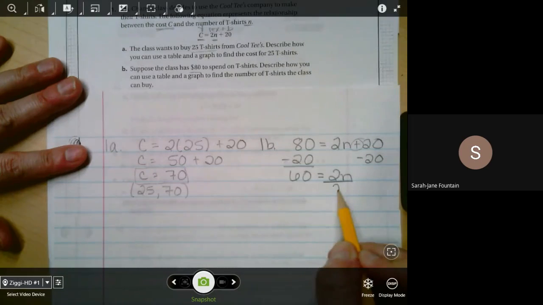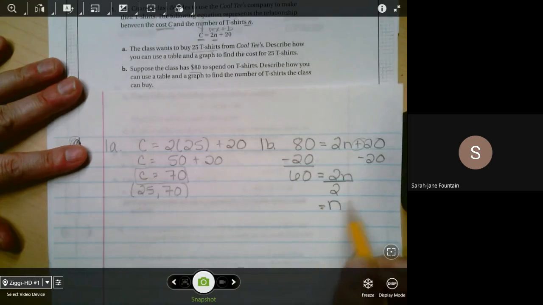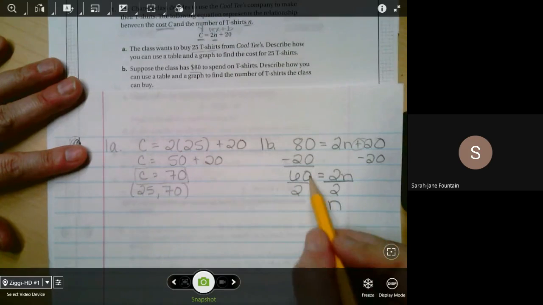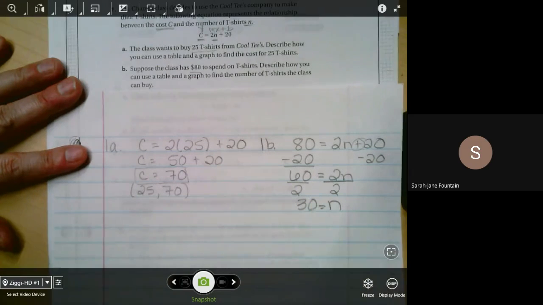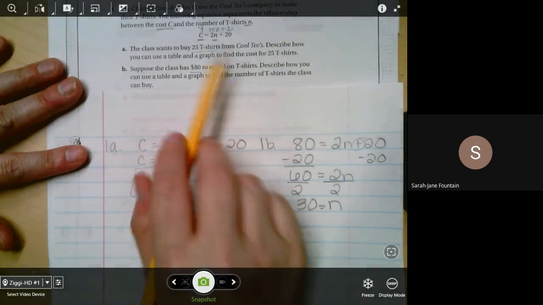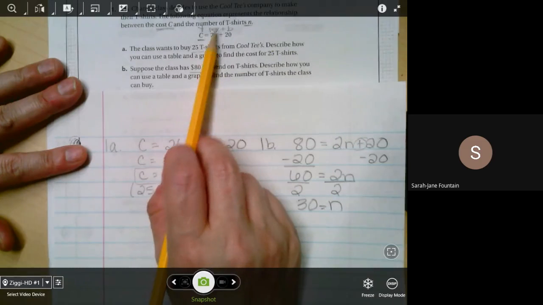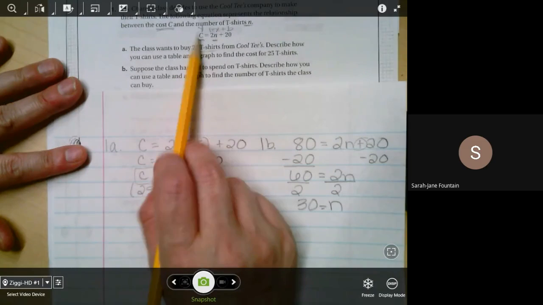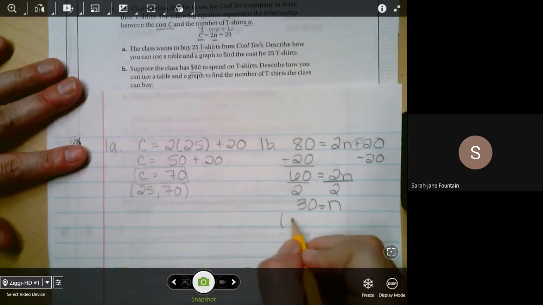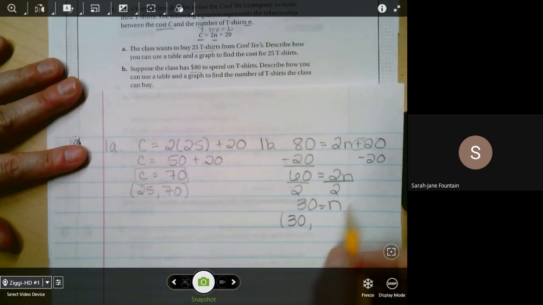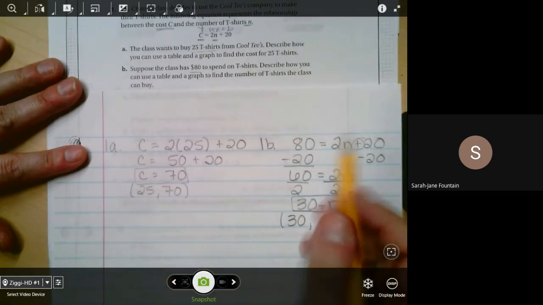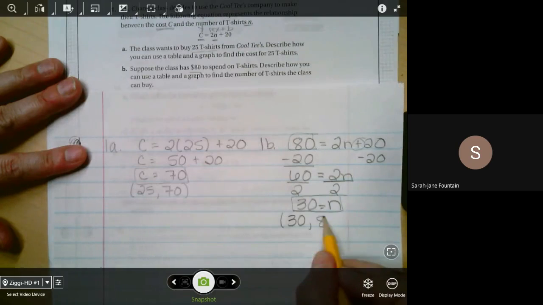So I'm going to divide by 2, leaving N by itself. So N is equal to 30. Looking back up here, N is always going to be my X and my cost is going to be my Y. So if I have N, my X is going to be 30, but my Y is going to be 80.